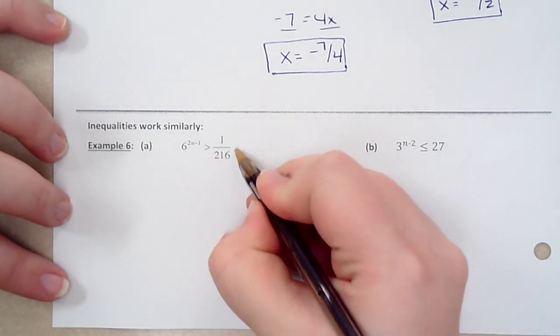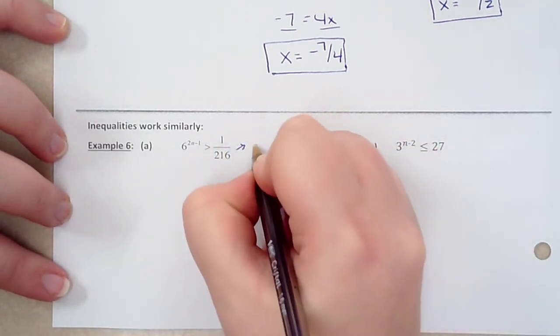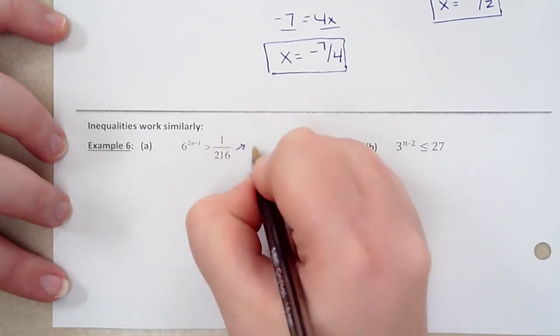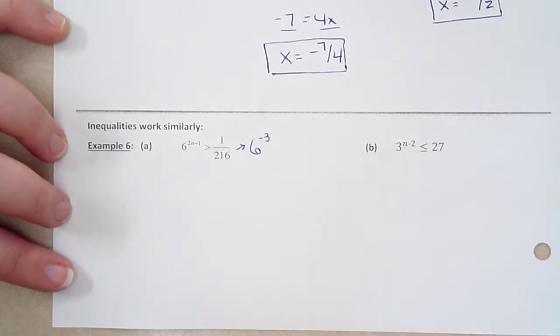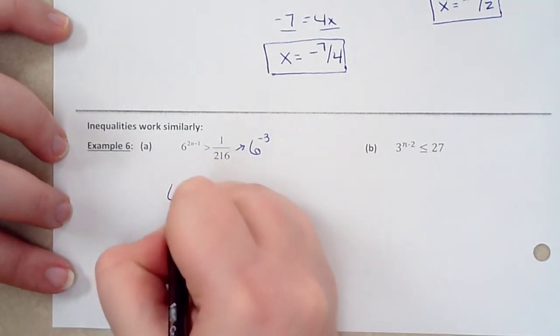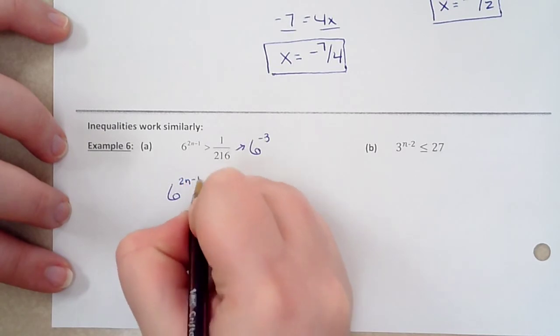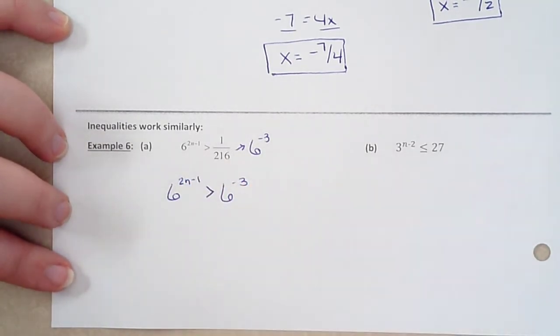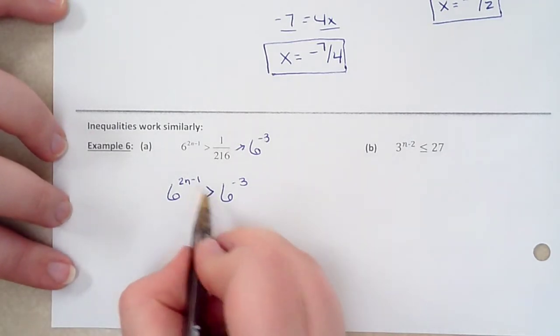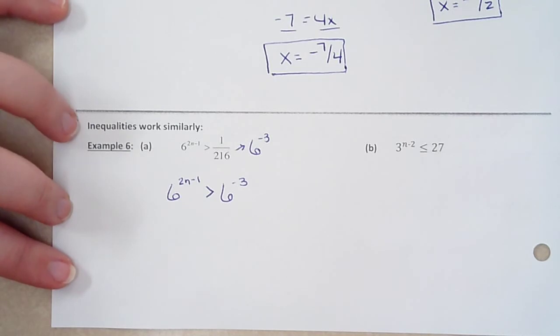This one, not as obvious, but 1 over 216 can actually be written as 6 to the negative 3. And I can rewrite the whole thing then as 6 raised to the 2n minus 1 is greater than 6 to the negative 3. I can still just set those equal even though this isn't an equality symbol in the middle.